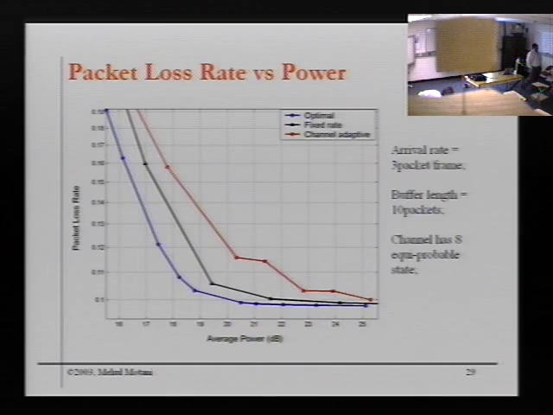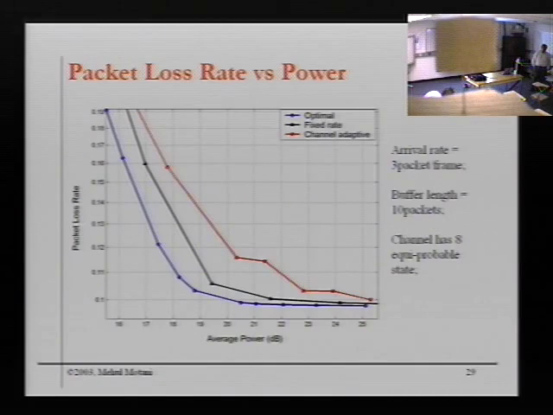The 8 channel states, are they 8 different gains? And are they uniformly spaced? Well, the question is, what does that mean? Is that uniform in dB, or is it equally linear? I think that might matter a lot, because if you had a Rayleigh type distribution, you get very different results.